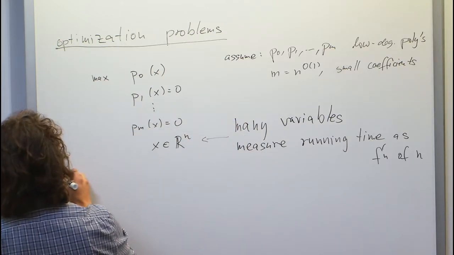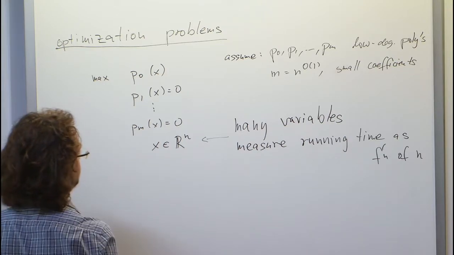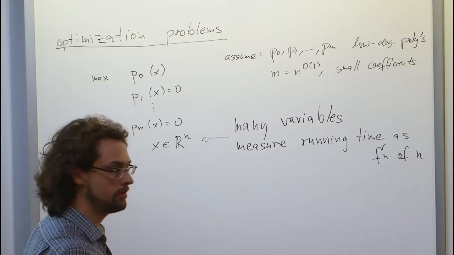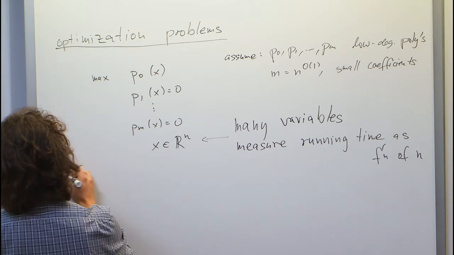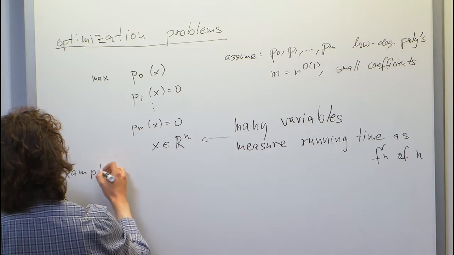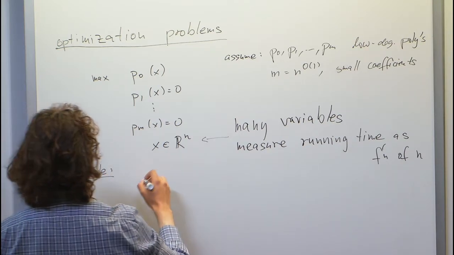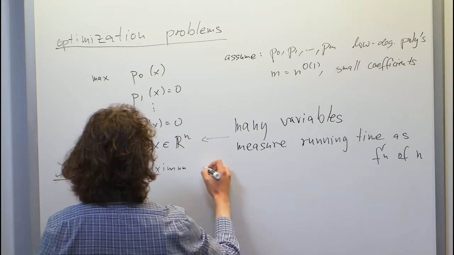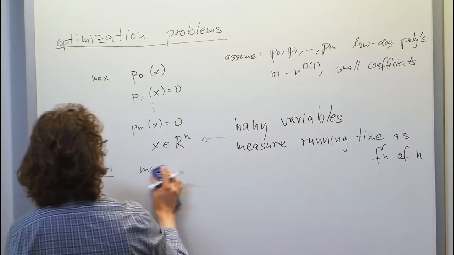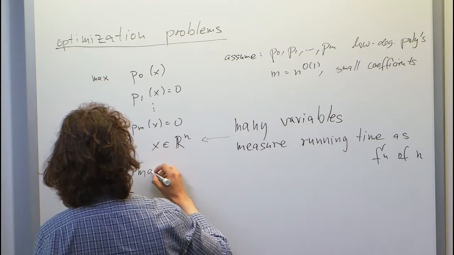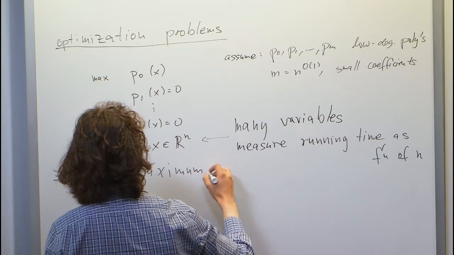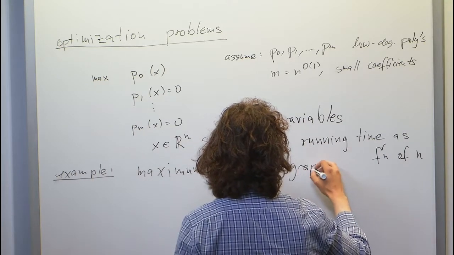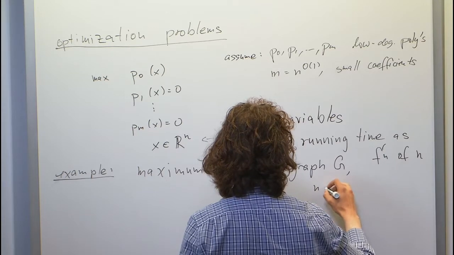This is a very expressive way of describing optimization problems. An example of how you can describe a problem in this way is the maximum cut in a graph G with n vertices.